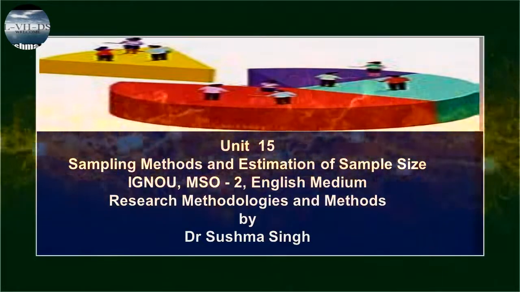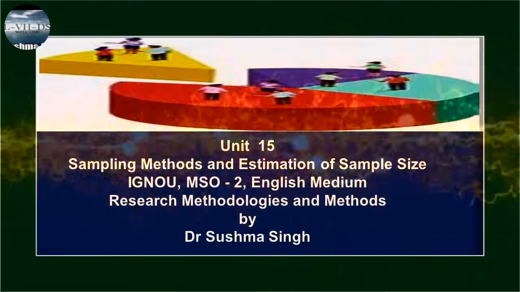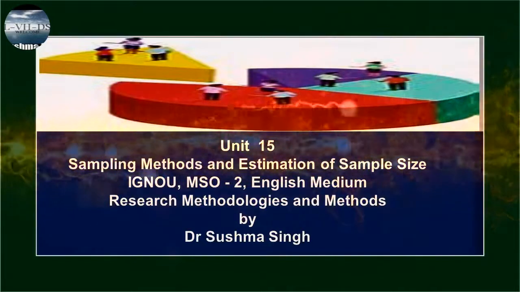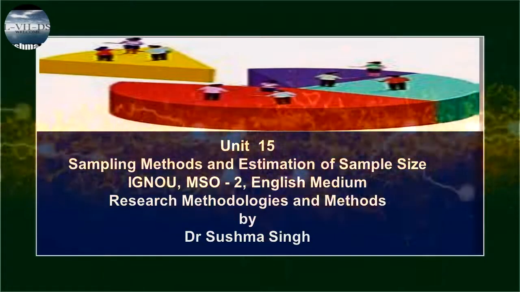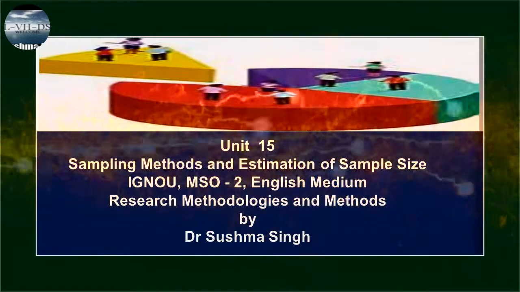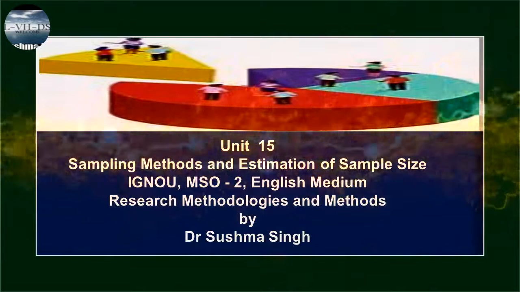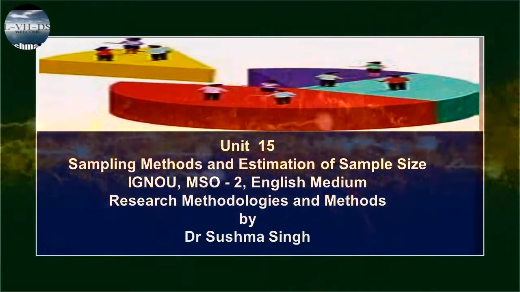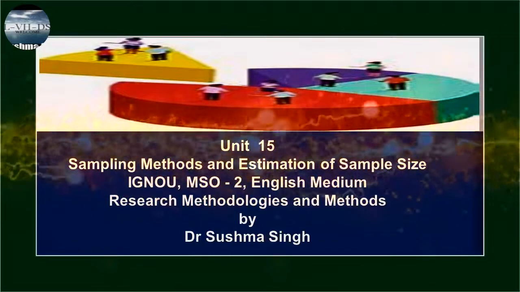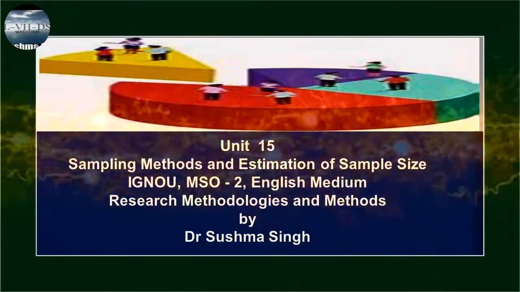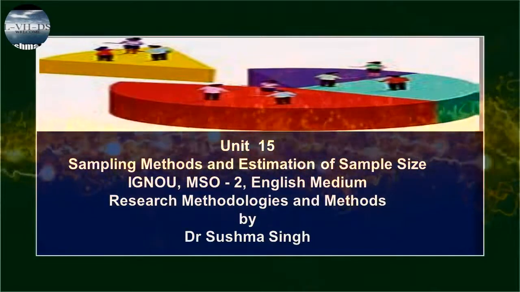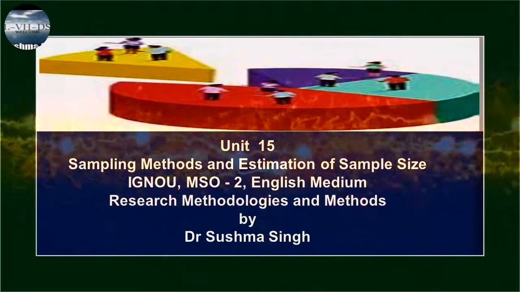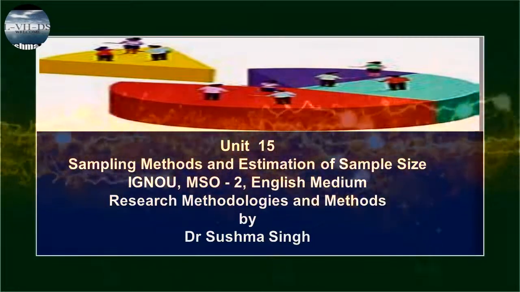Two cases are considered, namely the estimation of the mean of a normally distributed variable and the estimation of a proportion. In these cases, there are two assumptions. First, that the sampling is simple, random, and without replacement. And second, the population sampled is infinitely large.